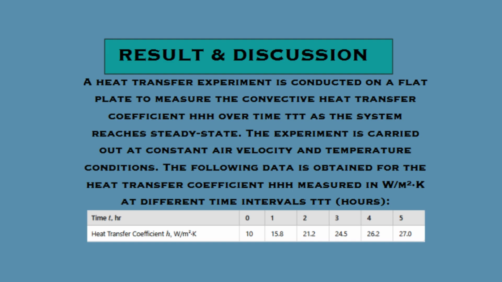The following data is obtained for the heat transfer coefficient h, measured in watts per meter squared Kelvin, at different time intervals. We have time t at 0, 1, 2, 3, 4, 5 and heat transfer coefficient h of 10, 15.8, 21.2, 24.5, 26.2, and 27.